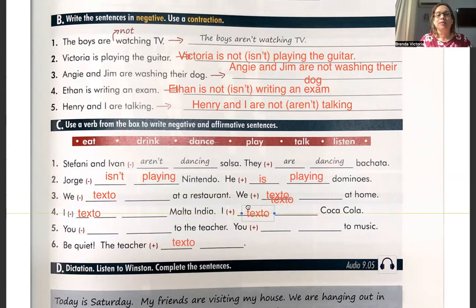Okay, good. Now we have we, and the first part is negative. So let's see, one moment. We aren't then. We aren't what? Eating at a restaurant. We are eating at home.